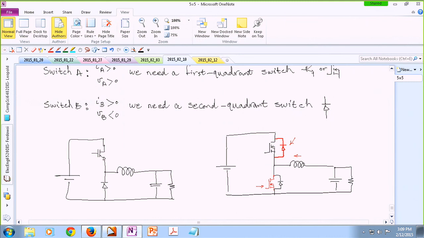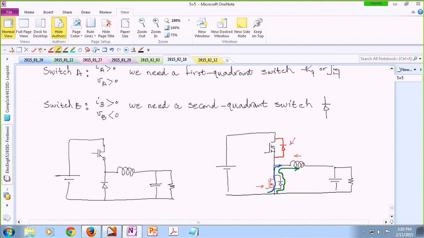So you actually have two options. Either, when this bottom throw should be conducting, I can use the diode to conduct the current, or I can command the MOSFET to turn on, and then it's the MOSFET that is actually conducting the current. Okay, assuming that you are actually turning the MOSFET on.